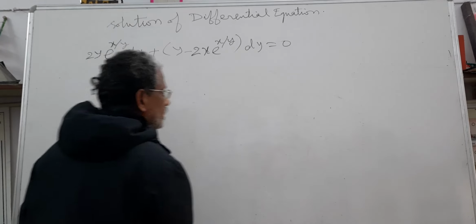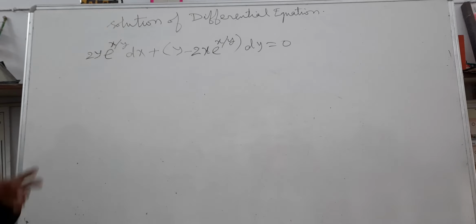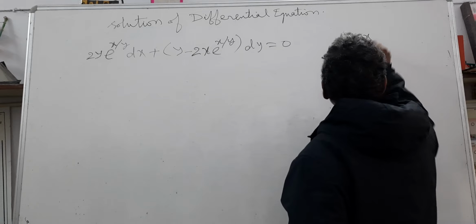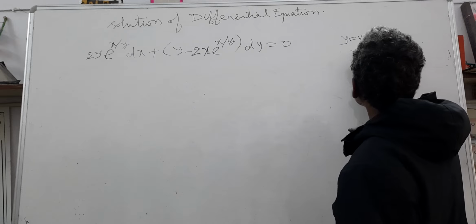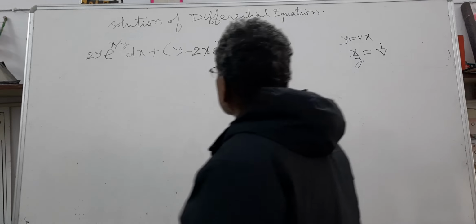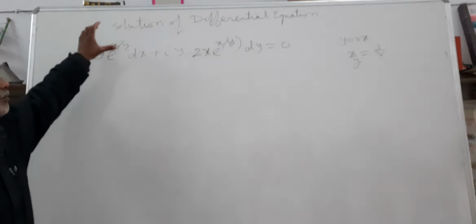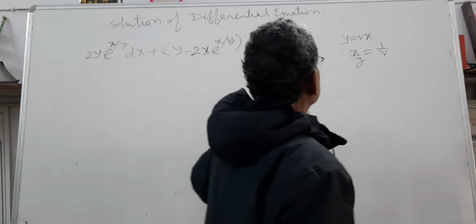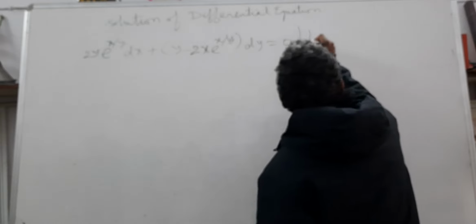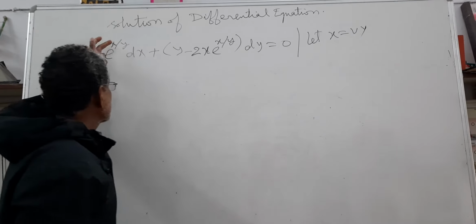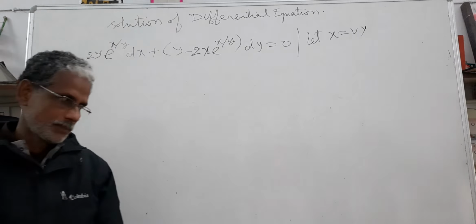But here we cannot take y equal to vx, because if we take y equal to vx, then x upon y becomes 1 upon v, and the power of e becomes 1 upon v, which makes a problem, a reciprocal function. Therefore, in this situation, we assume x is equal to vy, that is, x upon y is equal to v.